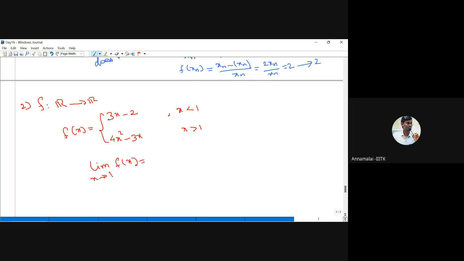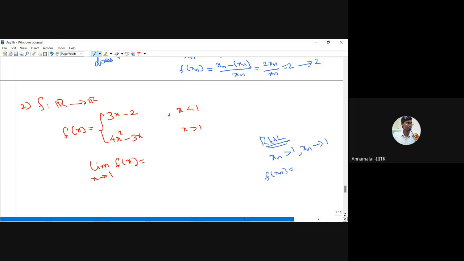Now, what is the limit, if it exists? You have to find the right hand limit and left hand limit. So what is the right hand limit value? We take any sequence xn which is bigger than 1, and xn converges to 1. Now, what is f of xn?